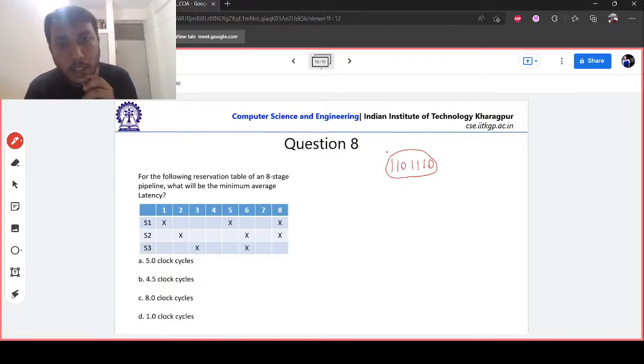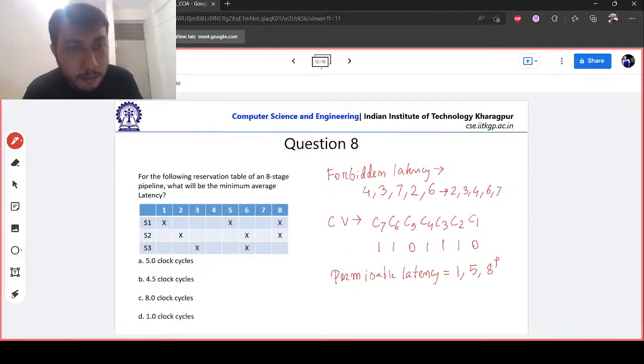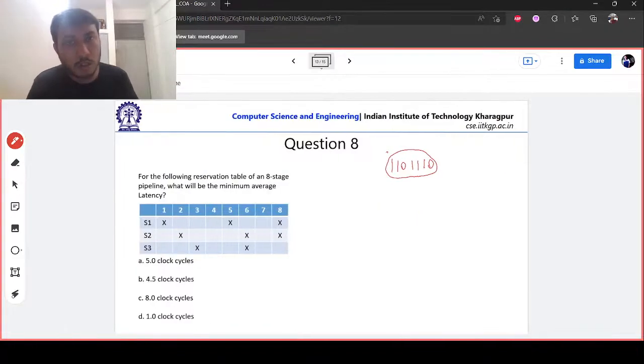Now what are the permissible latencies? 1, 5 and 8. So we need to find out what will happen when we use the cycle 1, that is the latency 1.